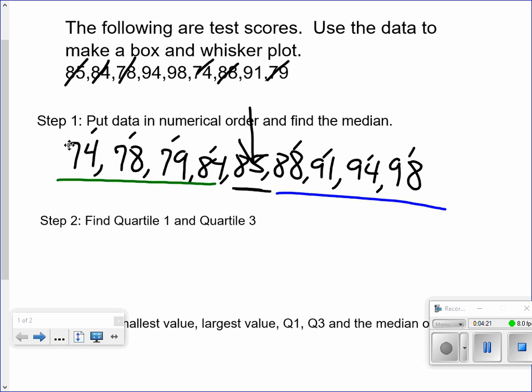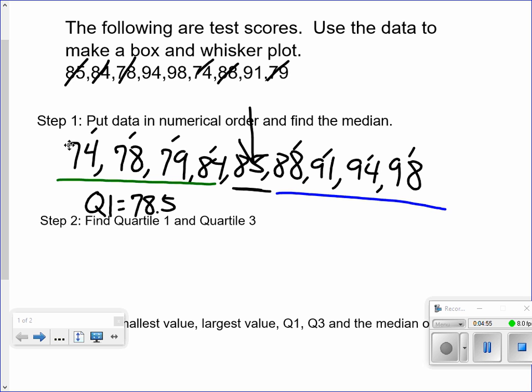Add together and divide by 2, and we would come up with 78.5. The other quick trick is to find the halfway point between those two numbers. The halfway point between 78 and 79 is 78.5. So we're going to say Q1 equals 78.5.